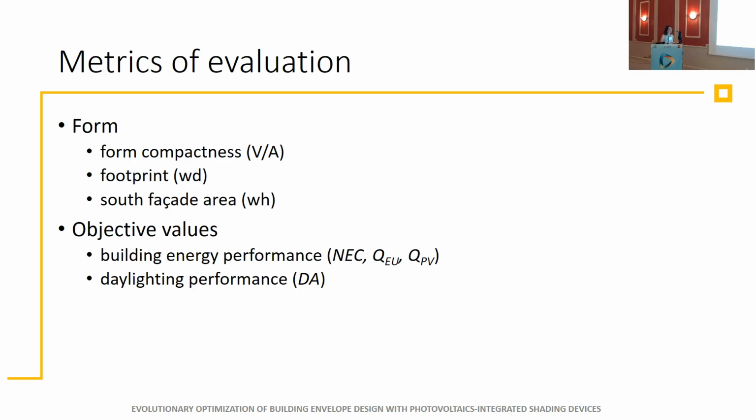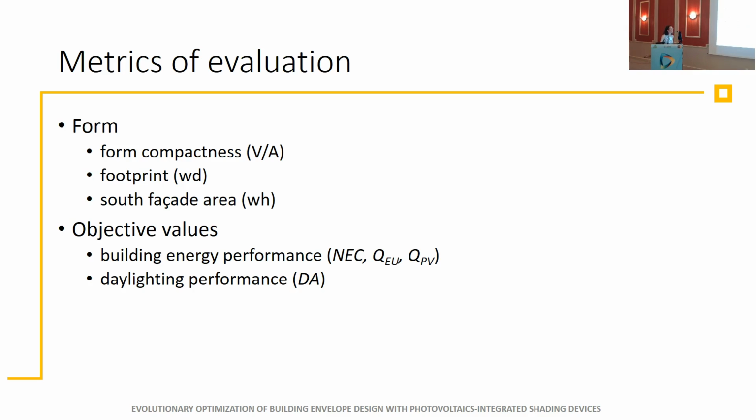And based on these optimal results, the Pareto set for each building form, several metrics of evaluation were selected so that we can evaluate which building parameters have an influence on this Pareto front.